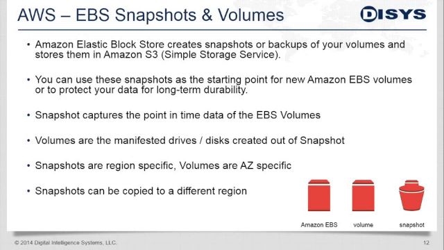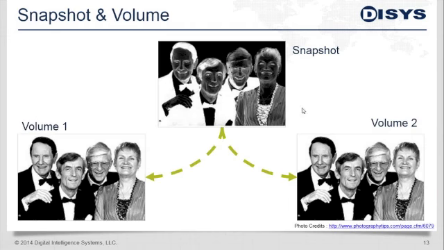So speaking about snapshots and volumes, we could pick this analogy. A couple of decades ago, we had the concept of photographs being developed from a negative image. So the negative image can be assumed to be a snapshot, and the photograph can be imagined as a volume. And the analogy stops here.